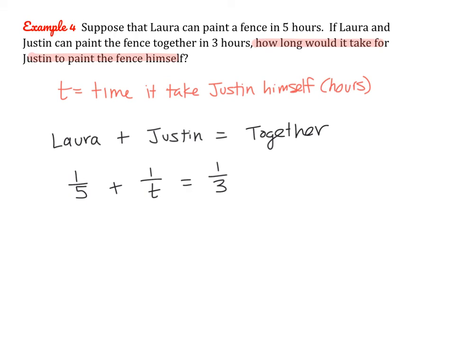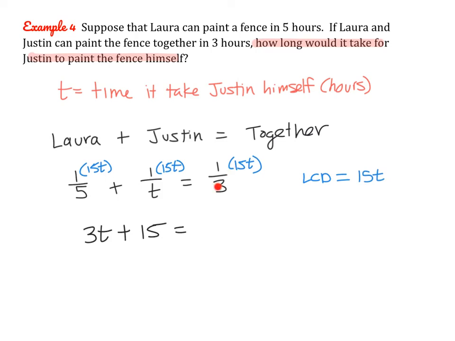So again, we'll solve this in the same way. We'll multiply both sides by our LCD. If we have 3, 5, and t, our LCD is 15t. So we'll multiply every term on both sides by 15t to eliminate our fractions. So here, 15t divided by 5 is 3t. 15t divided by t is 15.